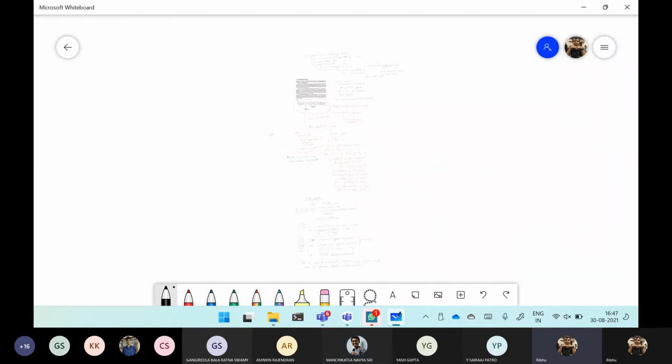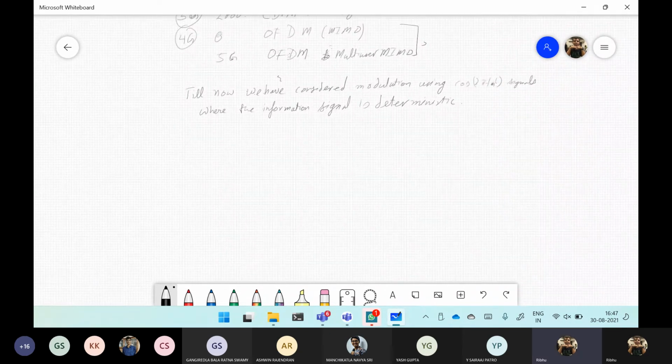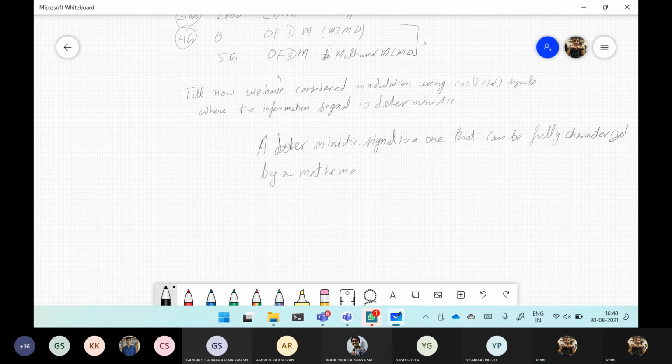A deterministic signal is one that can be fully characterized by a mathematical function at any point of time.